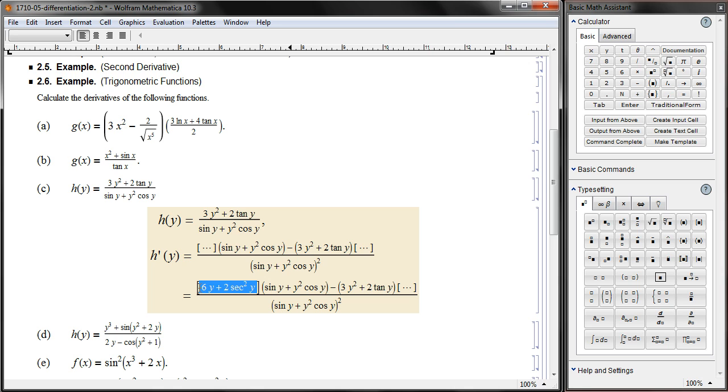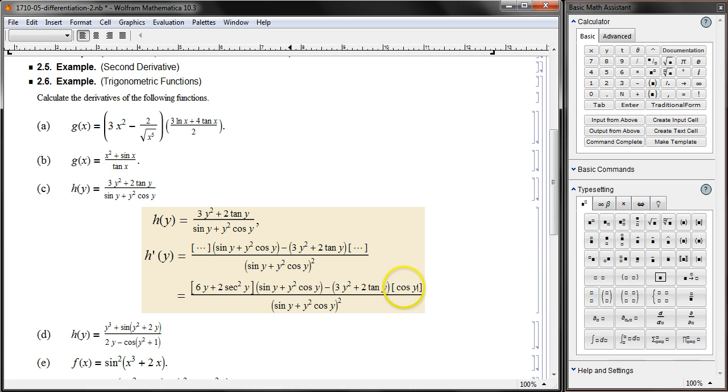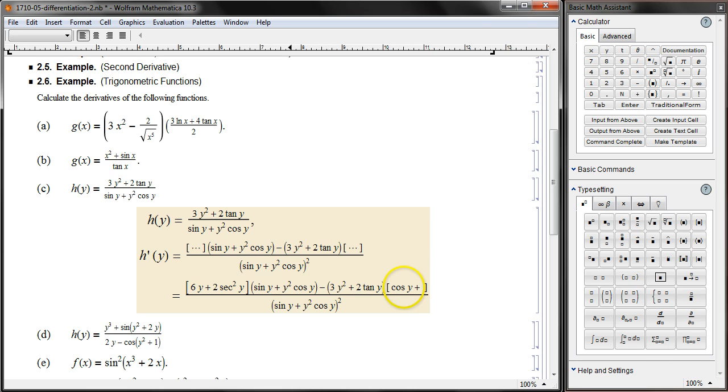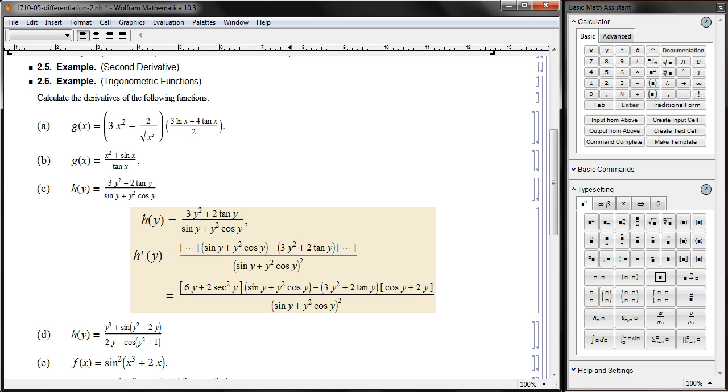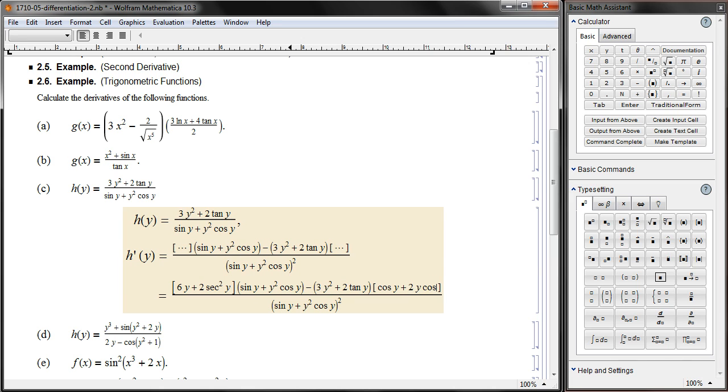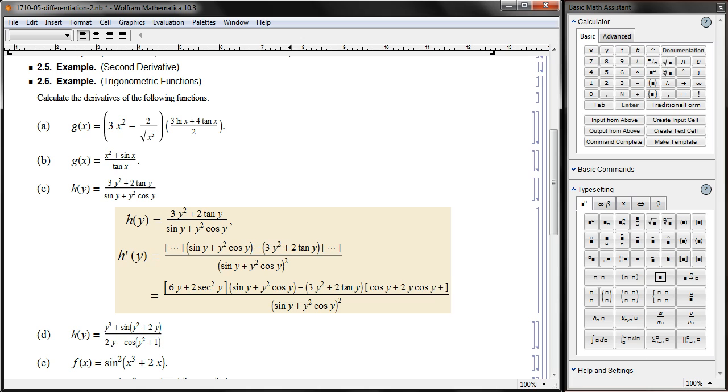Next, the derivative of the denominator, and that looks like a bit of trouble here. The sine of y is going to be okay. And then what do we have now? We need the derivative of this product. It's going to be another product rule here. Shall we go ahead with the product rule? Ready? Okay. 2y times the second function, plus y squared times the derivative of the second function.